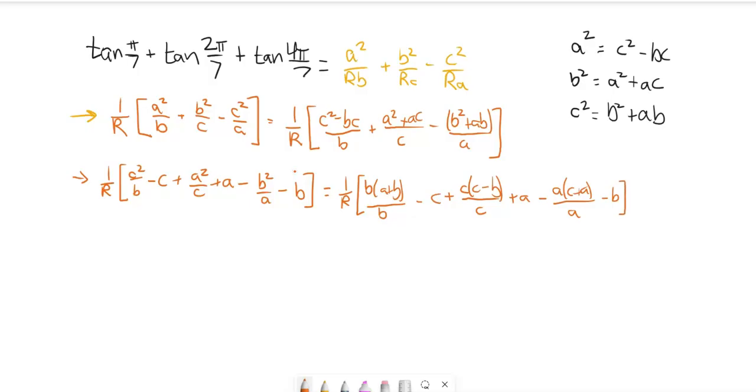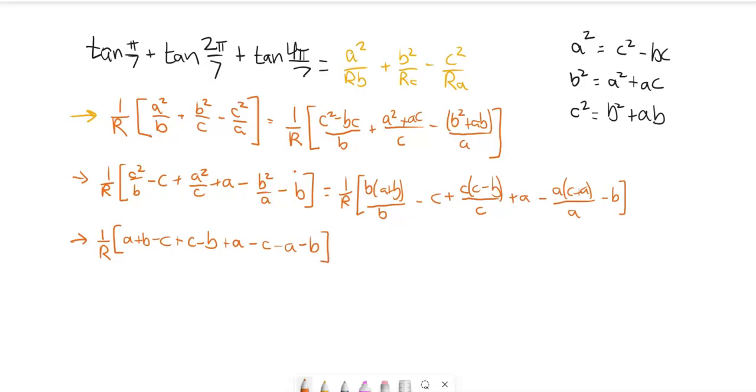And of course, we get the cancellations with the b's and the c's and the a's on those fractions. So what we're left with is 1 over R times the quantity a plus b minus c, plus c minus b plus a, minus c minus a minus b, just like so here.